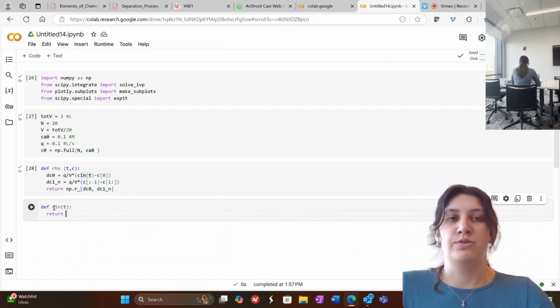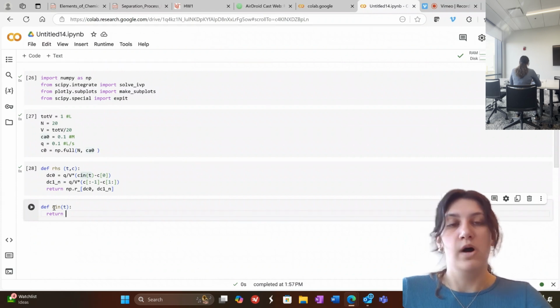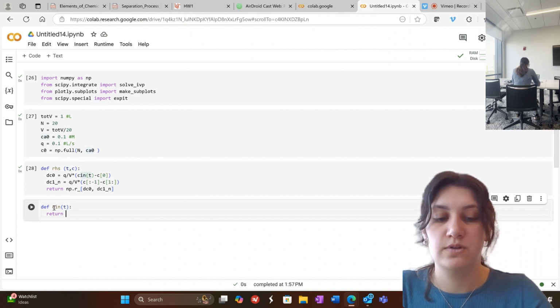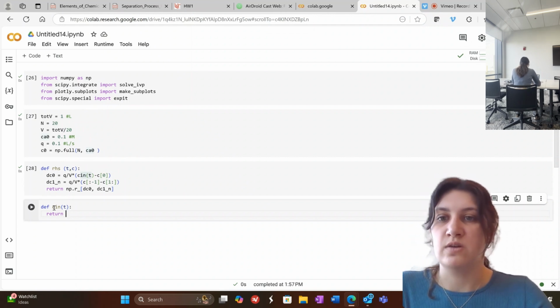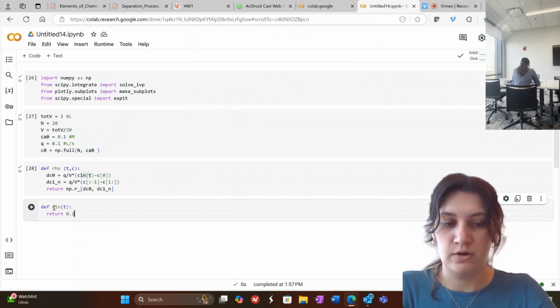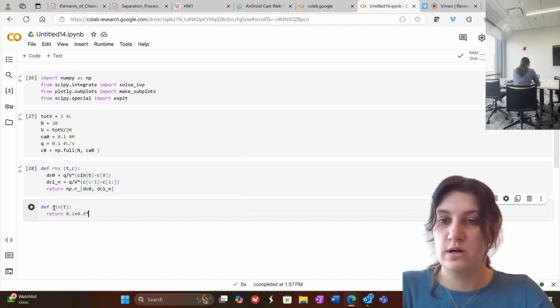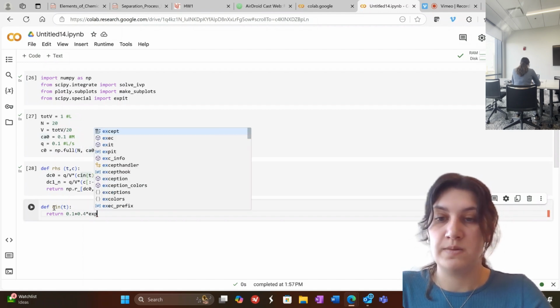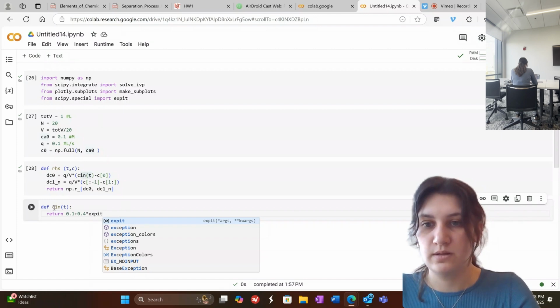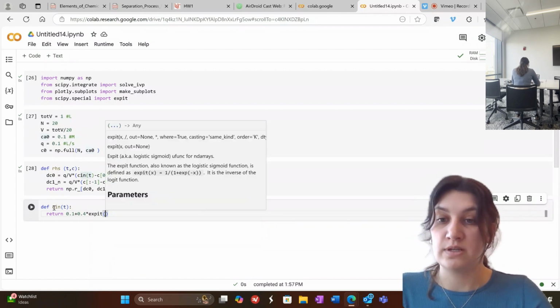Now this is where we're going to see that pulse. So at time 1, we see it go from 0.1 up to 0.5. To do this, we can use our exp function. So we have 0.1, which is where we started, plus 0.4 times exp, and for our scale, we have 50.